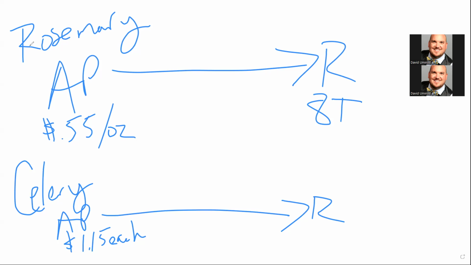So $1.15. Okay. 8 or 9 stalks. Yep. How much do we need for the recipe? 4 ounces. Okay. All right.